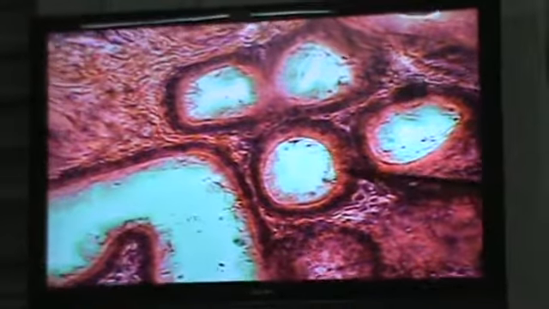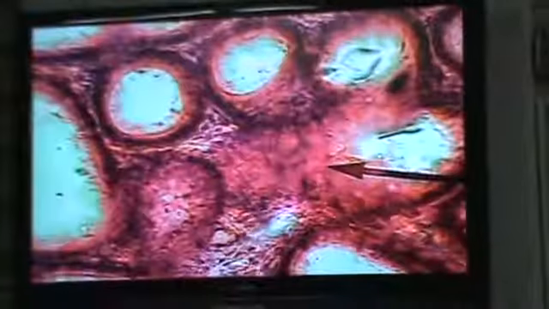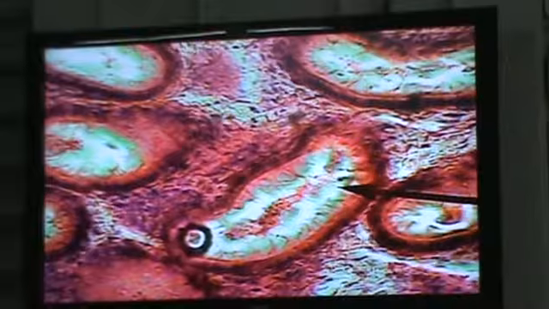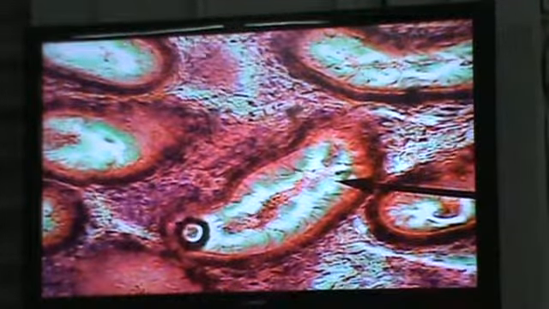So these are the ductuli efferentes right here, but what we're seeing here is a transition going into the what? Into the duct of the epididymis, because this is not cilia, this is what? Stereocilia. Right. So this is not a good example of the ductuli efferentes, that's more the duct of the epididymis. Let me see if I see another slide that might have it.